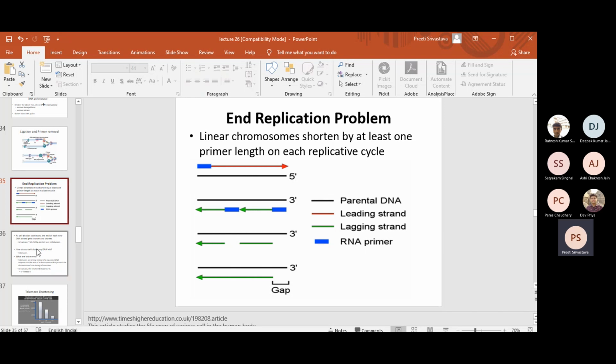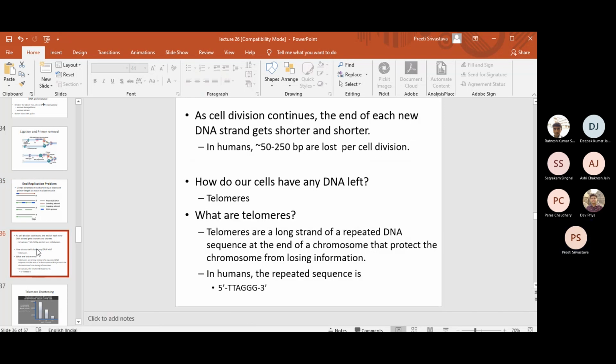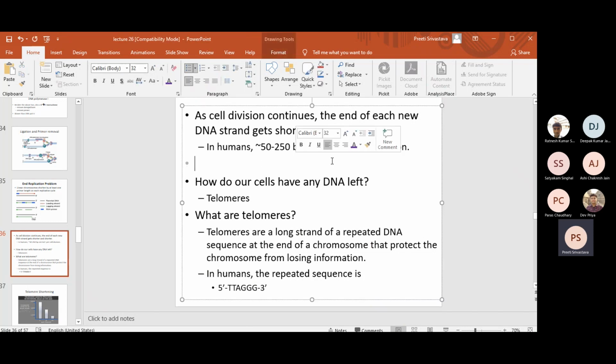So let's see. It says that as cell division continues, the end of each new DNA strand gets shorter and shorter, and 50 base pairs to 250 base pairs are lost per cell division. So then the point is, what is the role of telomeres?